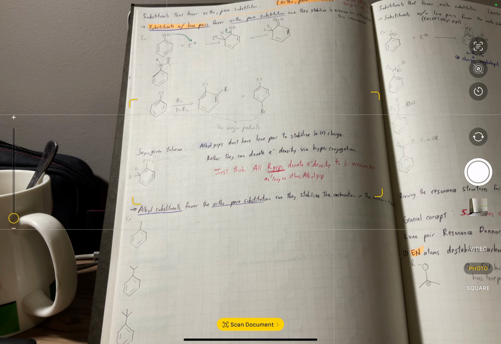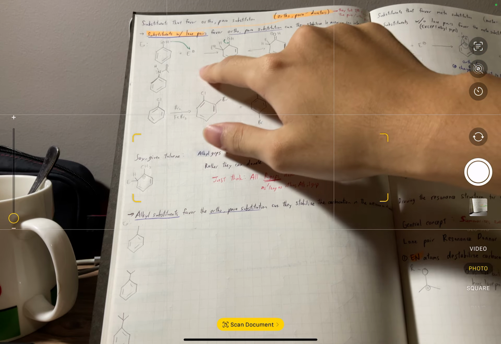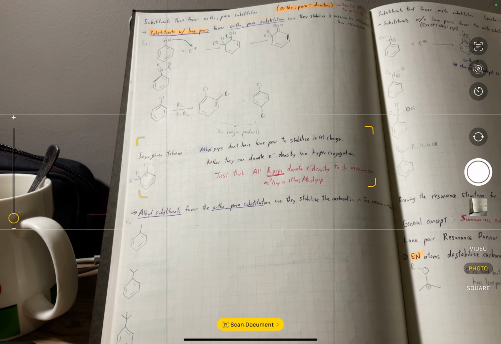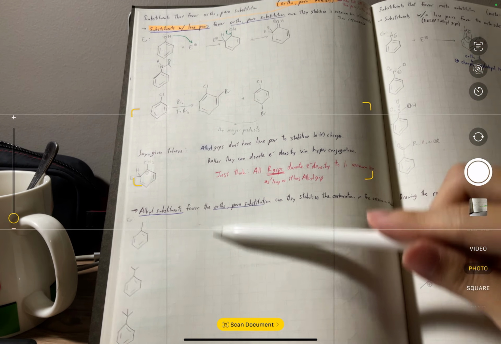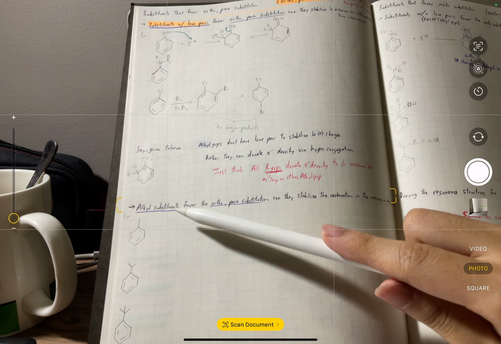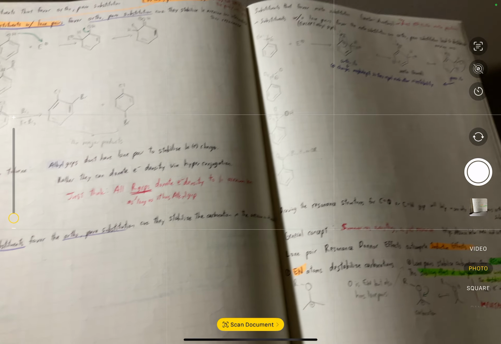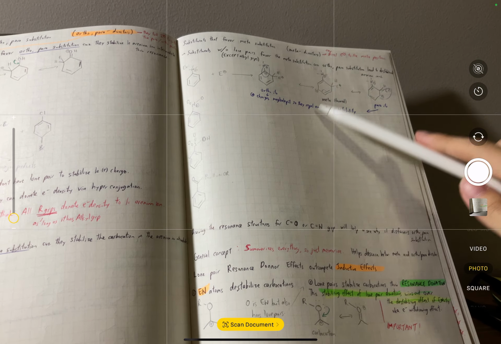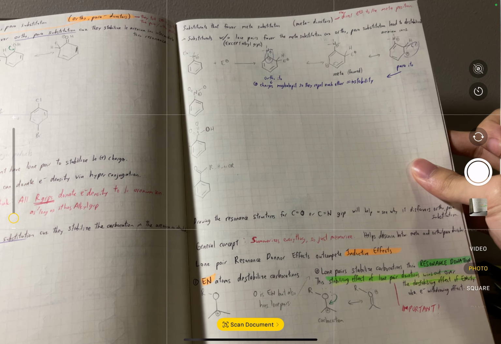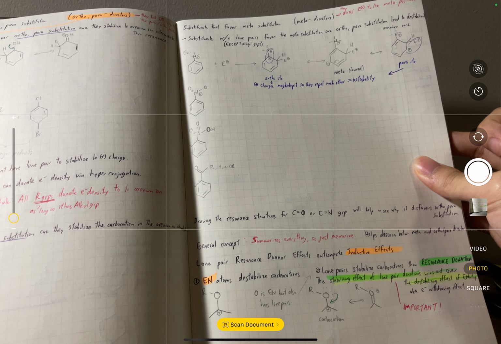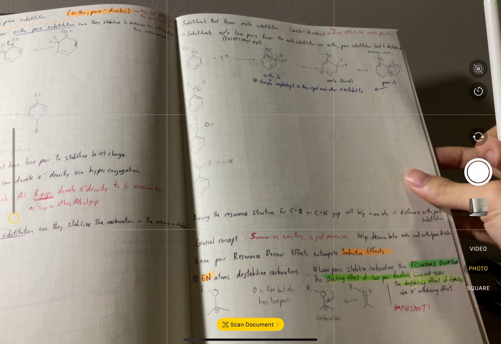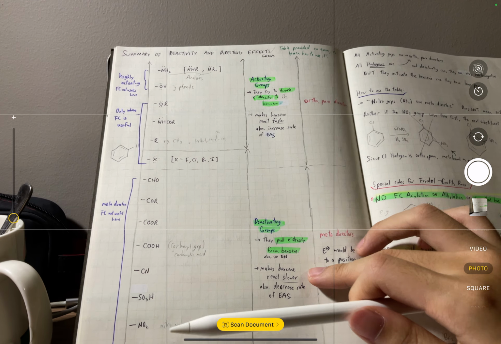Substituents that favor ortho and para substitution are substituents with lone pairs, and substituents that are alkyl. Those that favor meta are the ones that don't have lone pairs. So it's all summarized in this table.